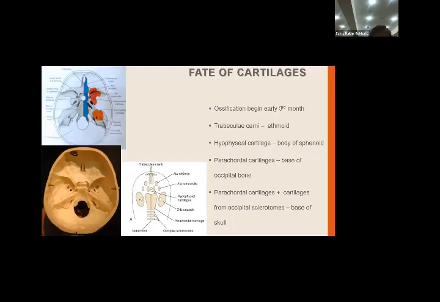So we are basically talking about the inside of the base of the skull, this area. Now ossification starts in the third month. This trabecular cranii, this diagram is taken from Langman.